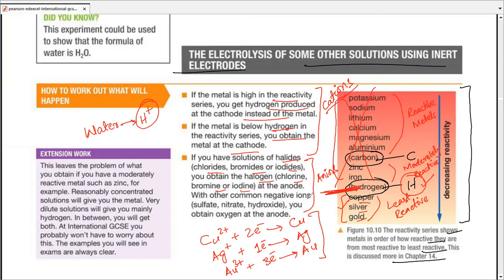With all other common negative ions, sulfate, nitrate, hydroxide, carbonate, hydrogen carbonate, you always get oxygen from the hydroxide itself. And that's the equation that I have been asking you to memorize, that hydroxide ions would always give us oxygen as a product at the anode. So there you go. That's the equation, and that's what you are supposed to memorize.